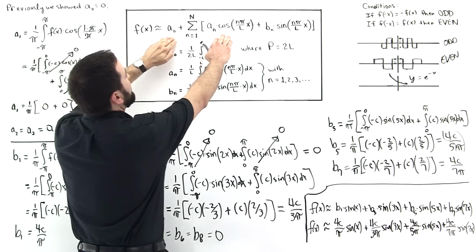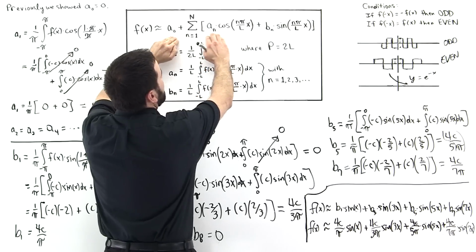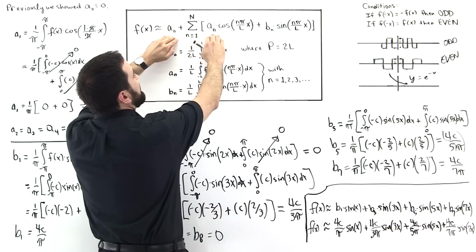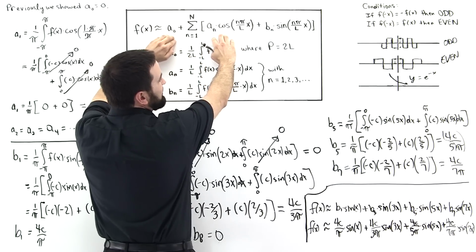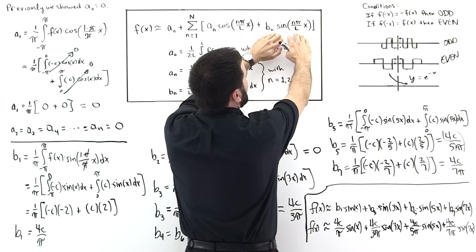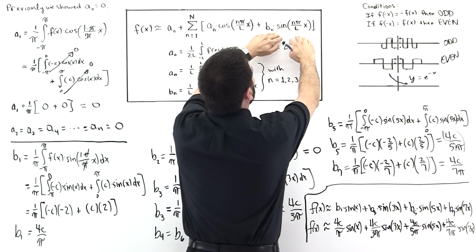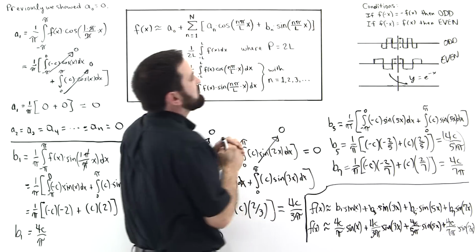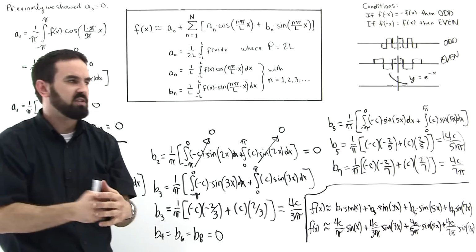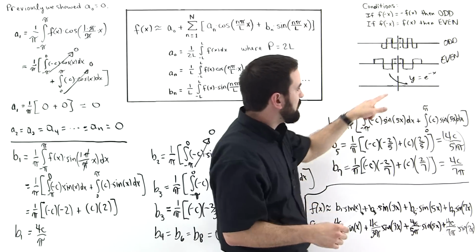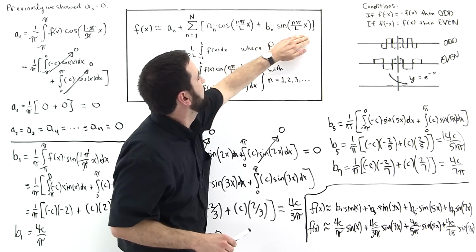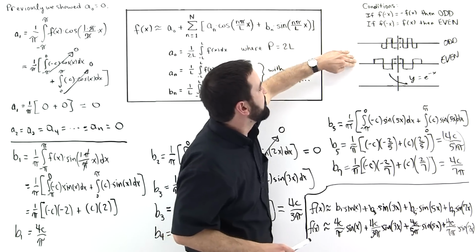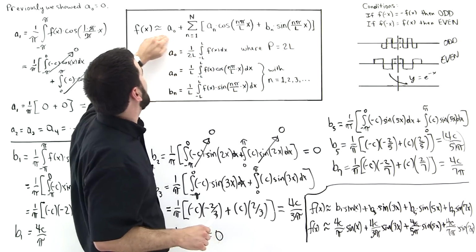These terms, because of the sum, are used to model even functions. And these sinusoidal terms are used to model the odd functions. Okay, what about the next one? For this one, you would use the sine terms. For this even one, you would use this and this.